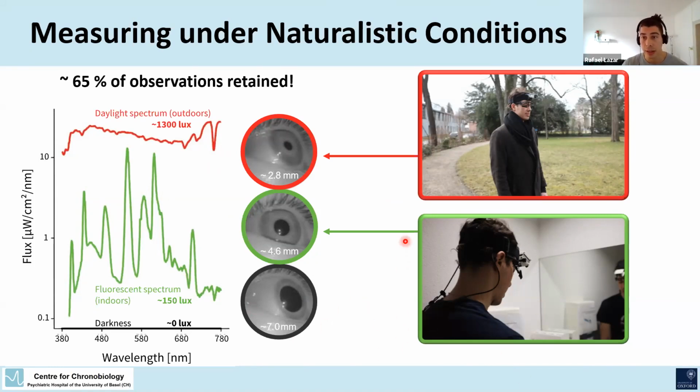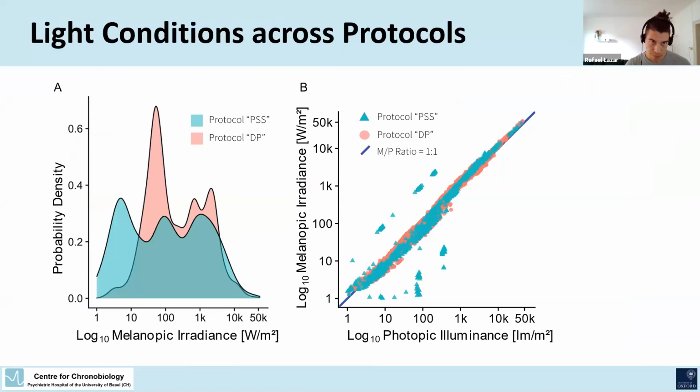And I think the most important thing is we still were able to retain 65% of our data, which was quite high, because you have to imagine when looking around, your eyes move, the bright light might hit a certain spot and reflect, and we still had 65% of usable data. So these observation pairs of pupil size and spectral irradiance.